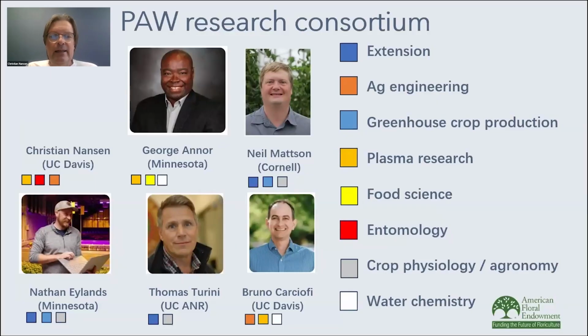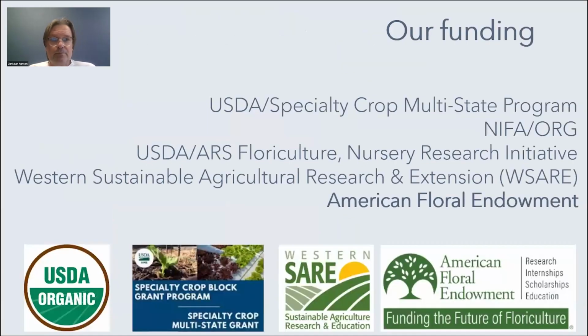We are leading a consortium of people from Minnesota, Cornell, UC and also from Ag Engineering here at UC Davis. We hold a wide variety of expertise, and that's precisely what we're trying to put together as part of this work into how we can make plasma activated water a sustainable nitrogen source, and also use it in other ways to promote sustainable crop production.